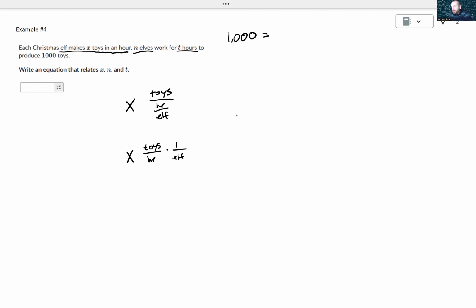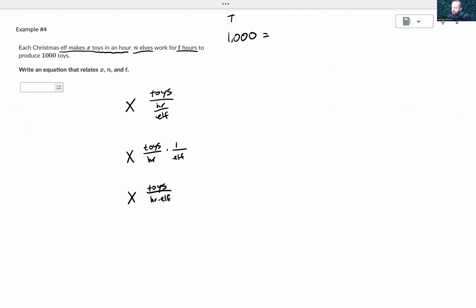So now we can rewrite this as X toys per hour elf. And you might be wondering why we had to make this conversion. The reason is we want to find a way to cancel, like with the previous problems, to just be left with toys.